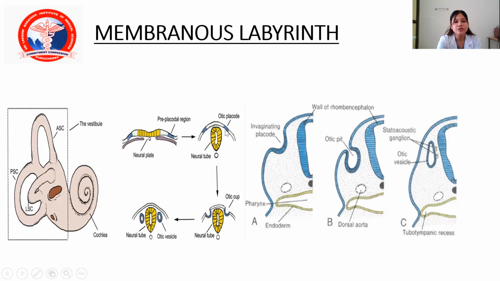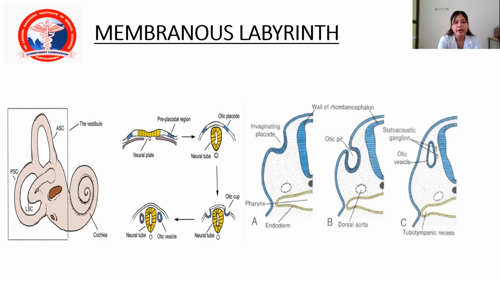Now in this structure, what you are seeing is the neural tube, and over that, the surface ectoderm. We know that any structure we show as ectoderm is colored blue. By this you can easily remember which is the ectoderm, mesoderm, and endoderm.